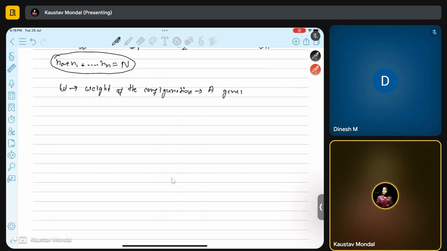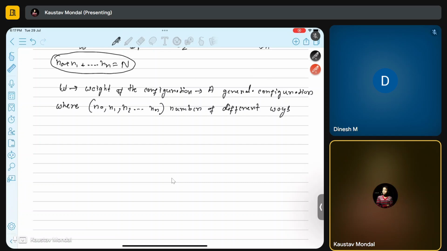This basically means the number of different ways by which the N total balls can be distributed in the boxes with a general configuration n0, n1, n2, up to nn.